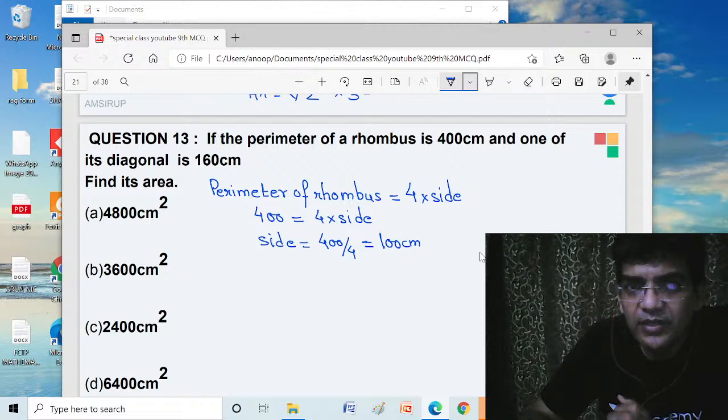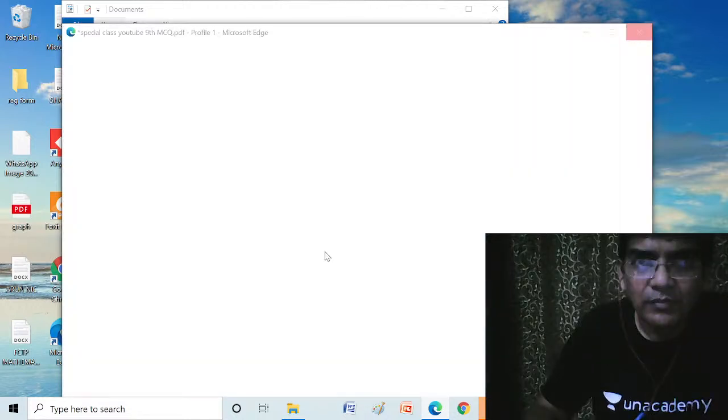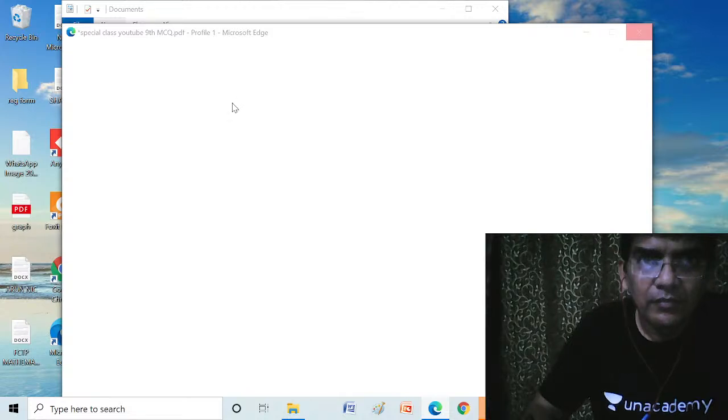Okay. Now if you see in this question, they are asking us to find the area of the quadrilateral.